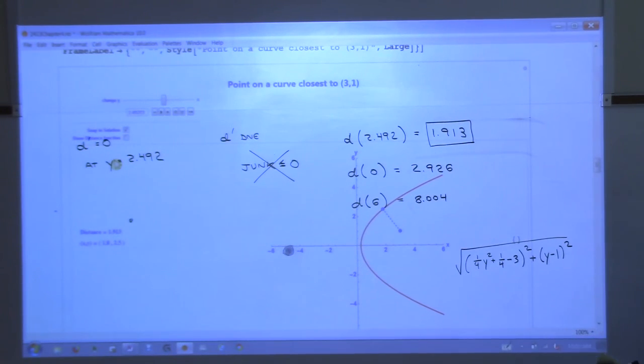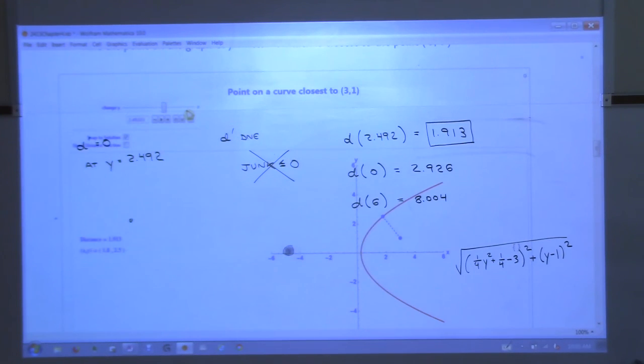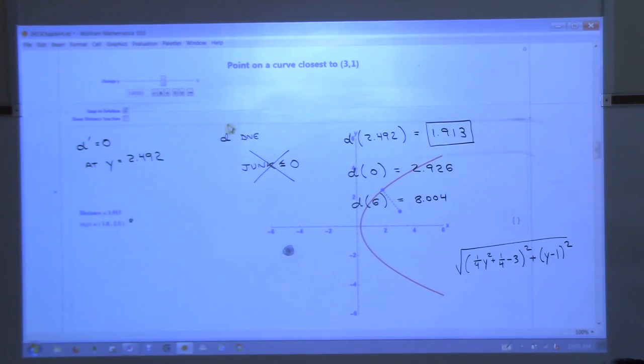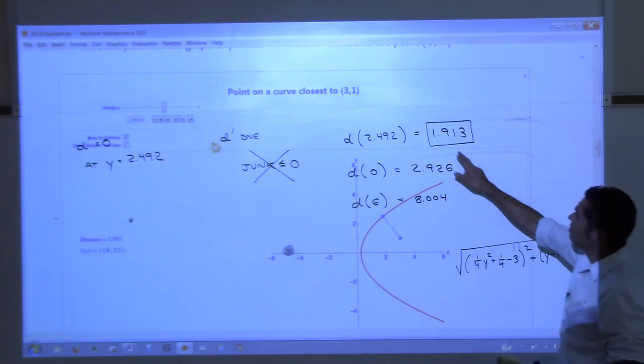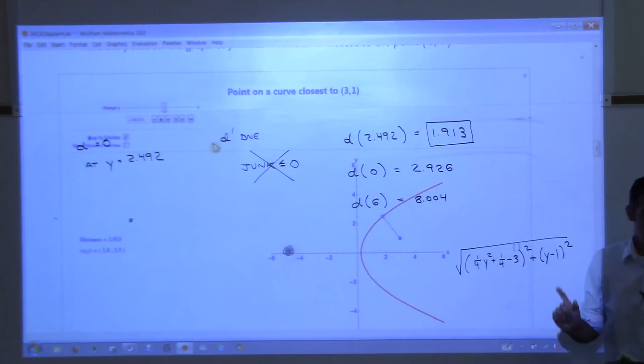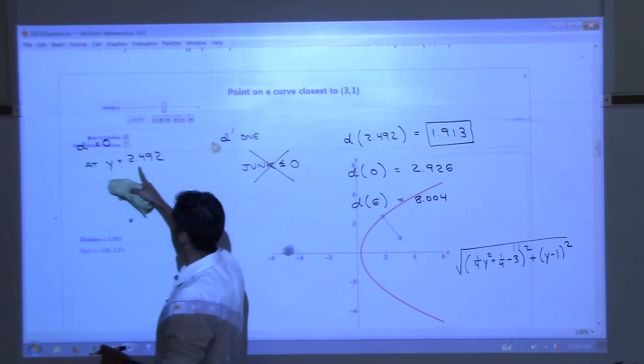So the original question was asking us what? I forgot. Find the point on the graph which is closest. So we have not answered the question. We have found the minimum distance, but we haven't found the actual point. And we do know the y-coordinate, don't we?